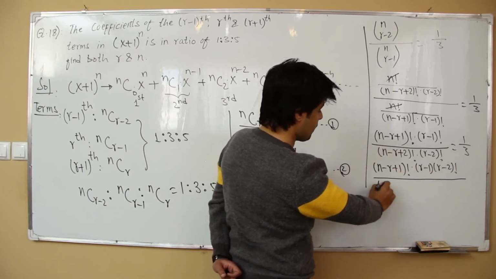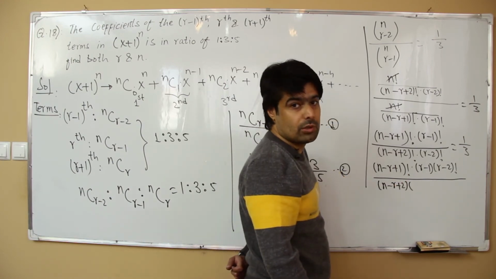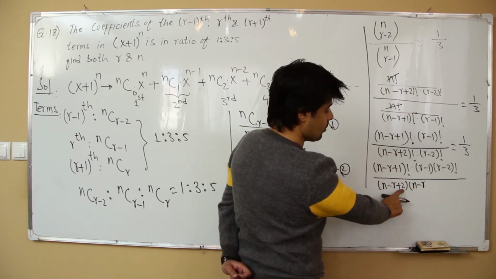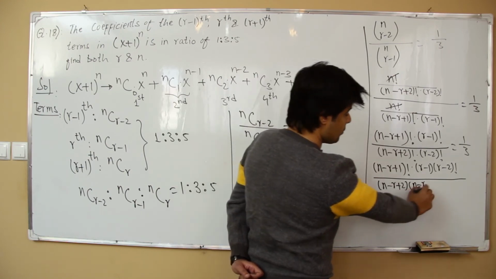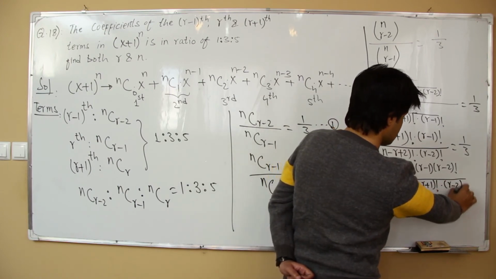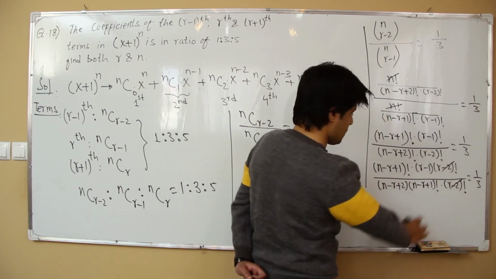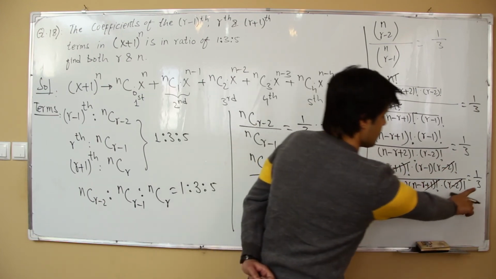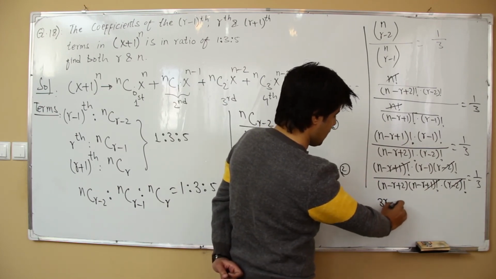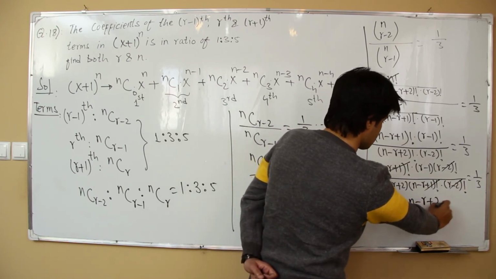Now in the other one, you have to decrease one number, from n minus r plus 2. If you decrease 1 you have n minus r plus 1 factorial times (r minus 2) factorial, equal to 1 divided by 3. This one is cancelled, this one is also cancelled, and this 3 multiplied with this term, we have 3r minus 3, and 1 with this one, n minus r plus 2.